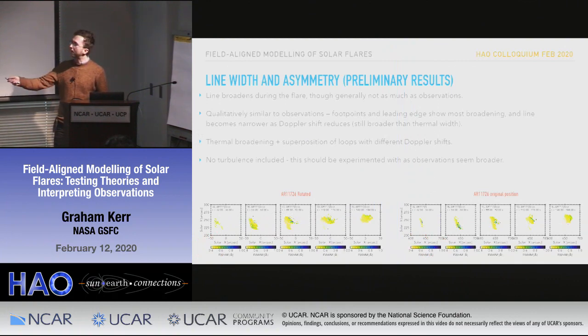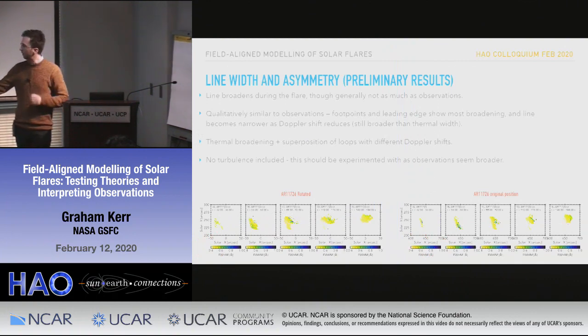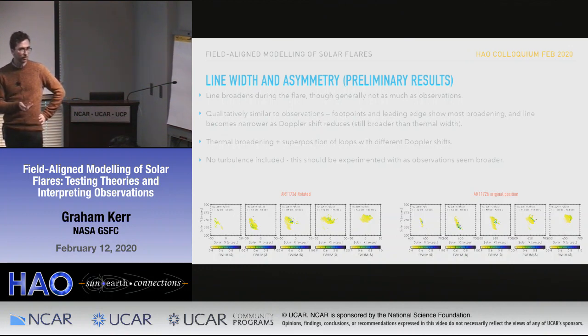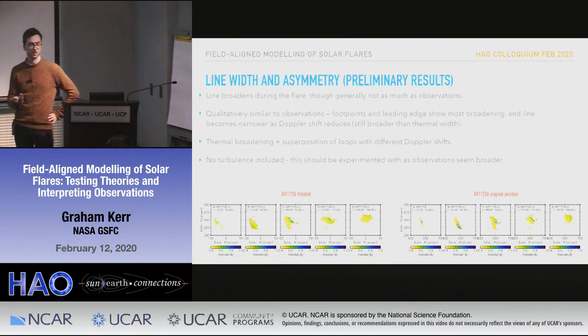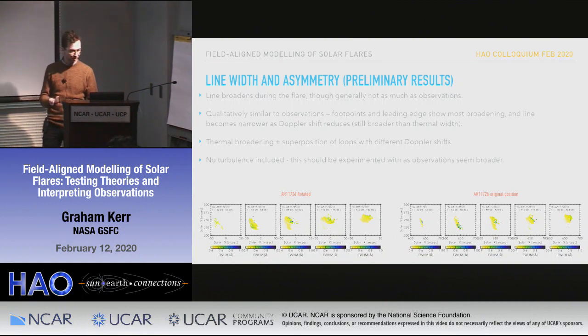Then we can look at line width and asymmetries. In previous modeling of iron 21, it's been difficult to get broad but symmetric profiles. We did a little bit of a better job here, but it's still not great. I'll show the line widths here.